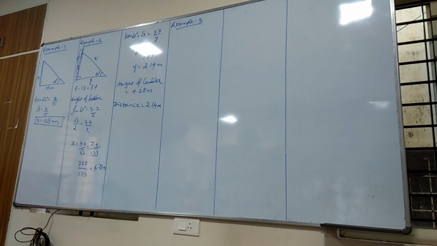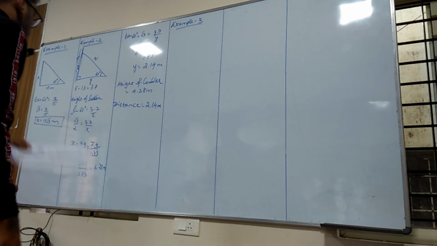An observer 1.5 meters tall is 28.5 meters away from the chimney. The angle of elevation to the top of the chimney from his eye is 45 degrees. What is the height of the chimney?